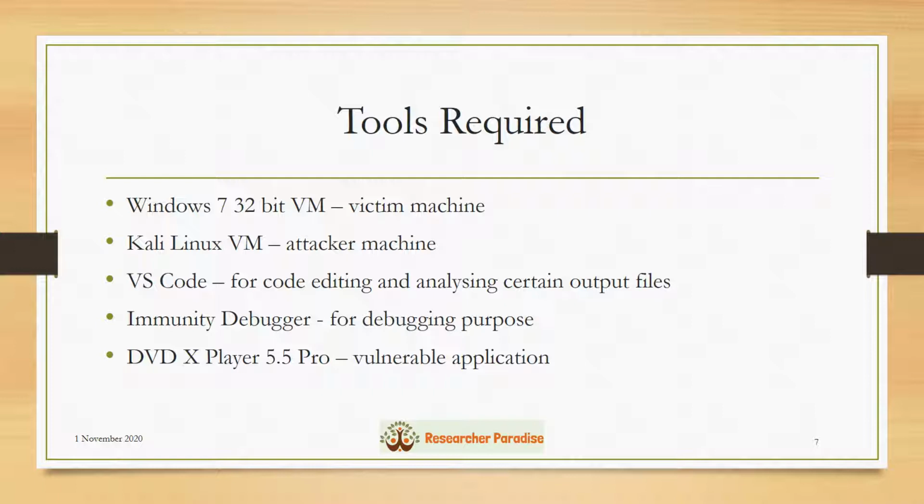I request you to install VS Code on both the attacker as well as the victim machine for better execution of the exploit. Then we need to install two more pieces of software in the Windows 7 VM. One is Immunity Debugger, which will be used for debugging purposes, and DVD-X Player 5.5 Pro, which is our vulnerable application.